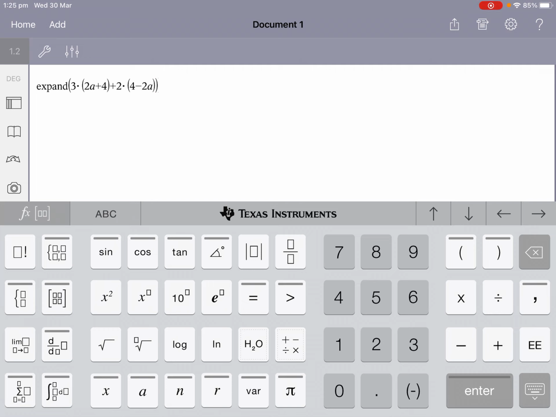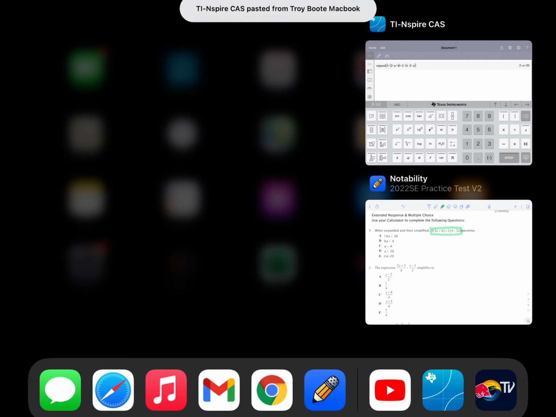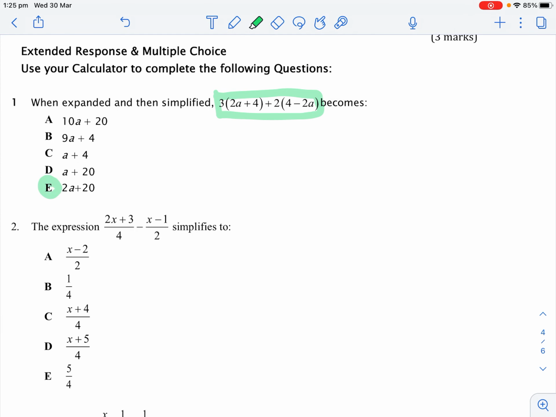So I've written out my equation. It's in the expand command. Now I just hit enter, and it gives me the answer, 2a plus 20. Okay, multiple choice question. It was 2a plus 20, which was E.